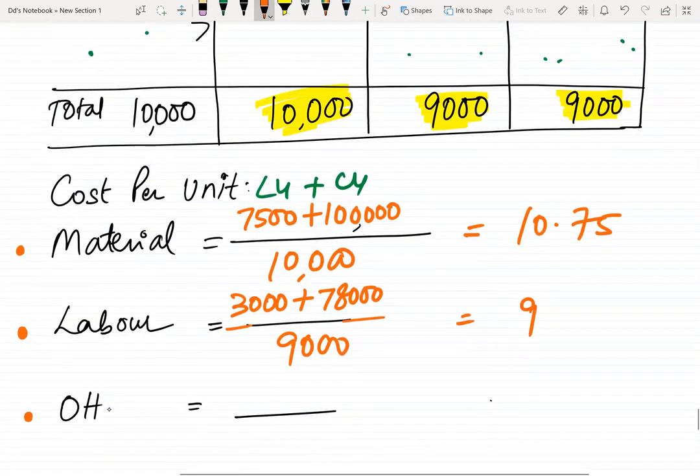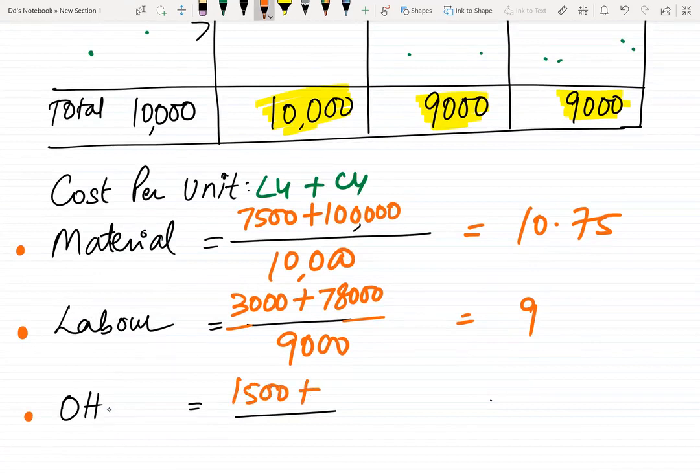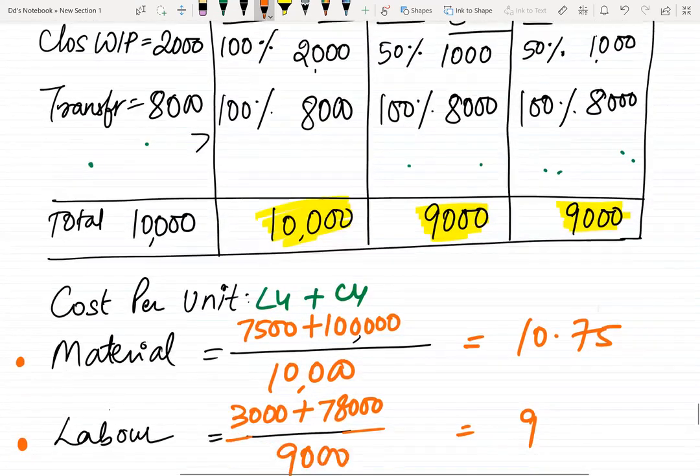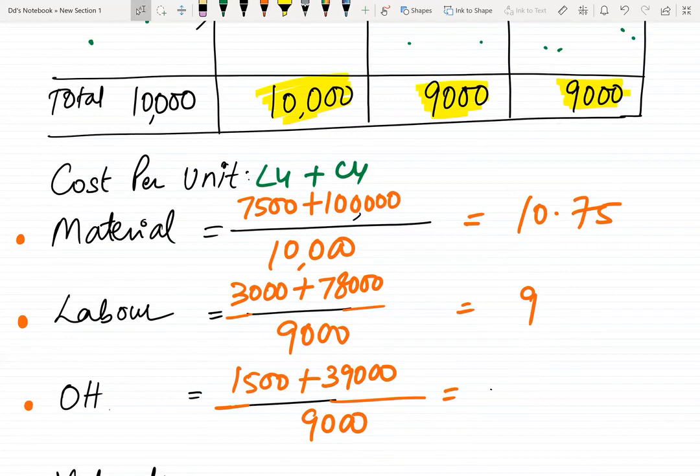Overhead: 1,500 plus, what's the number now? 39,000, to be divided by 9,000. That is 4.5.